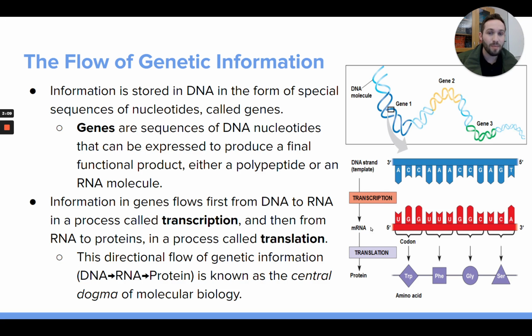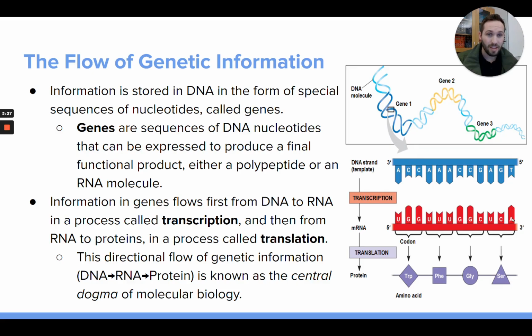Specifically, it's going to be an mRNA strand, which we call messenger RNA. Messenger RNA is basically a copy of the gene. It's complementary to one of these DNA strands in your genes, and we're going to copy down that information, these letters here.